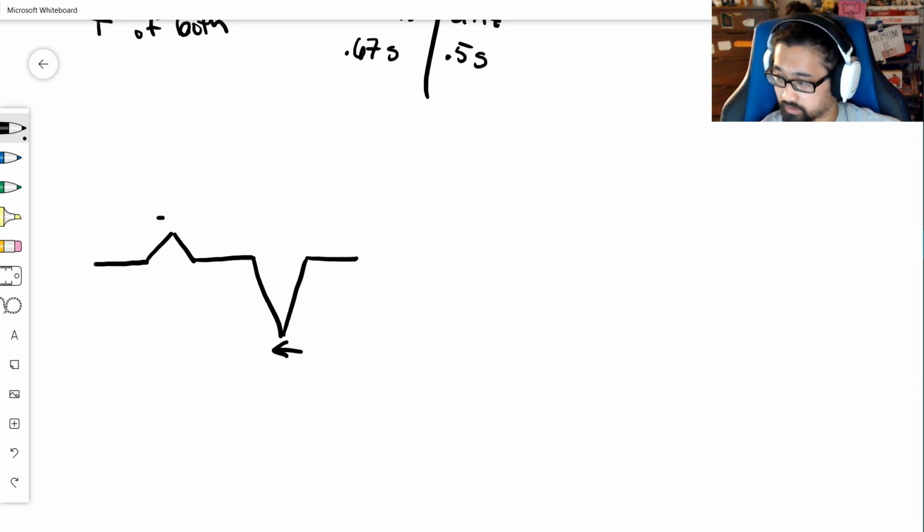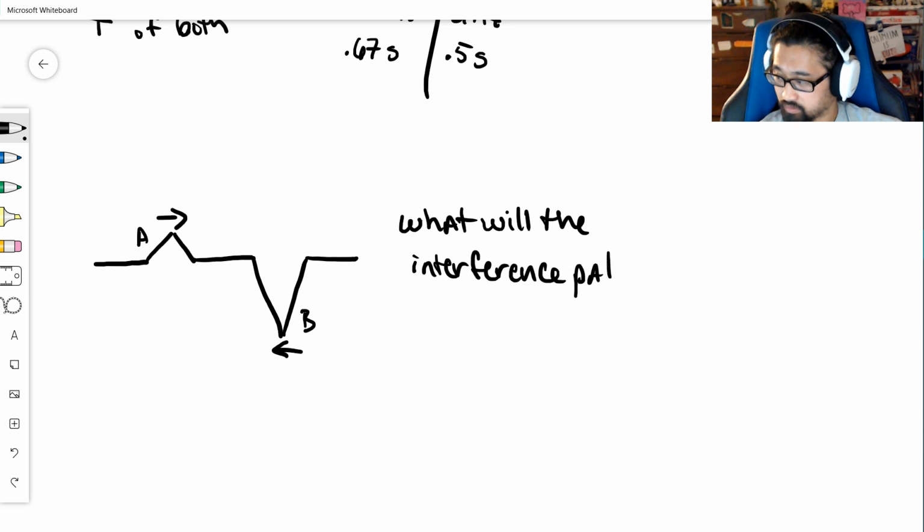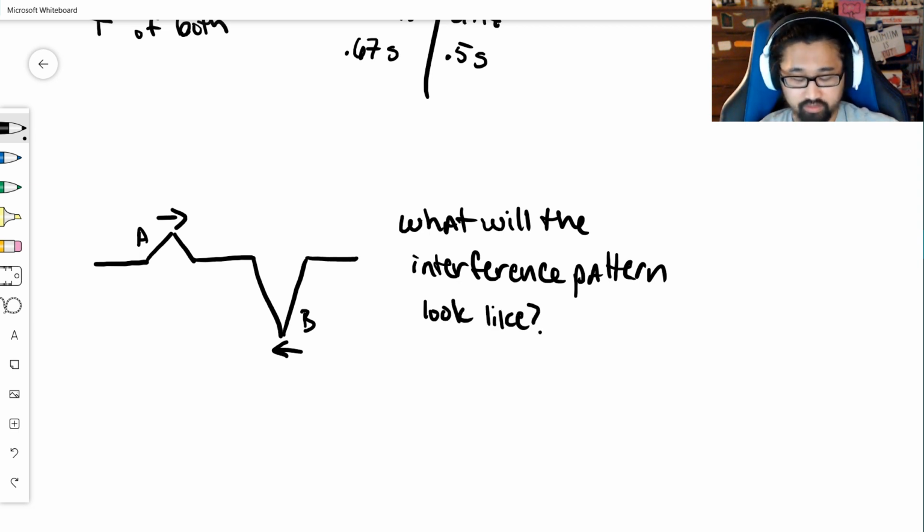This is moving to the left, this is moving to the right. I'll call this wave pulse A, and this wave pulse B. And a common thing is, what will the interference pattern look like when these two things overlap each other?